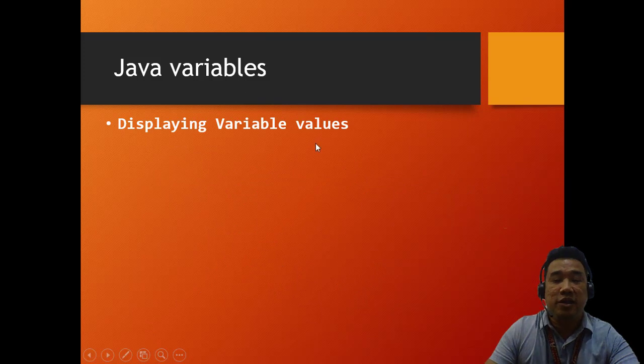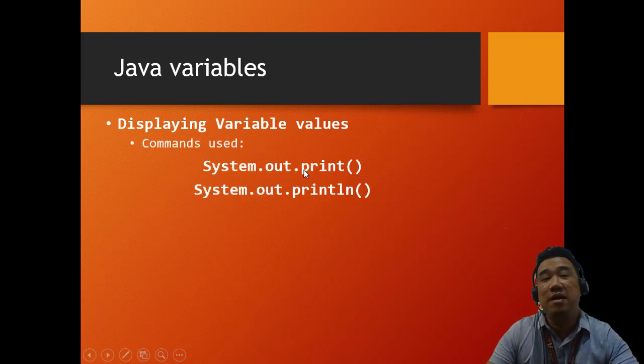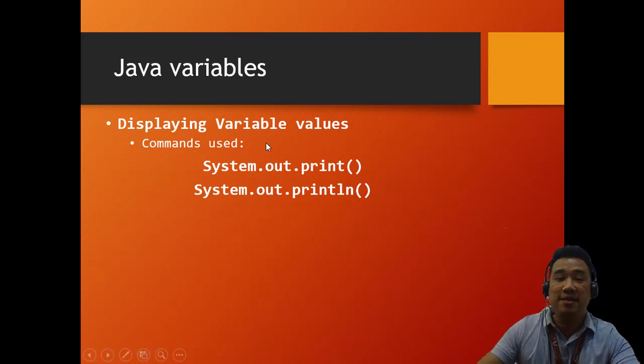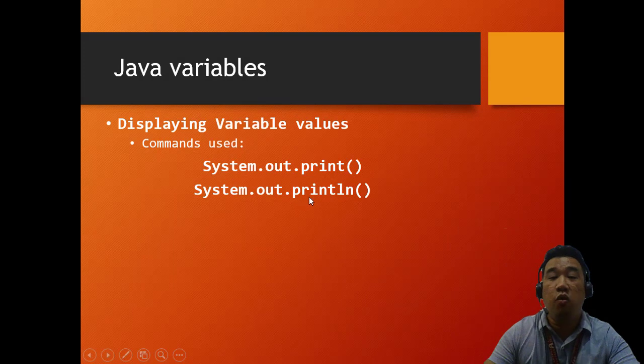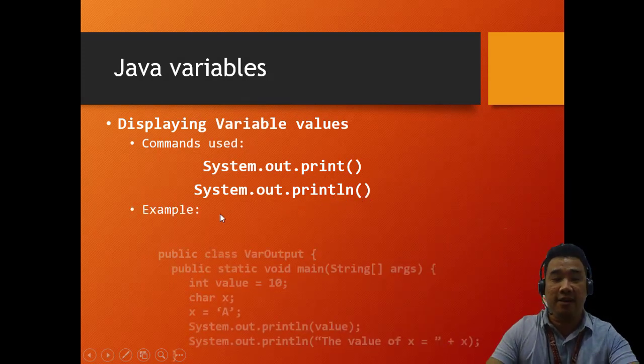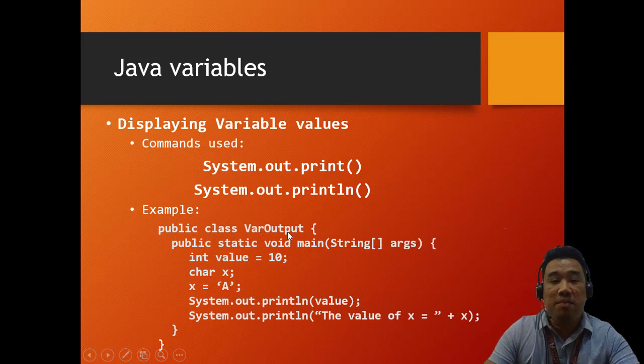So, displaying variables value. Paano ta mag-display value sa variables naton? Magamit ta guys sang commands na System.out.print or System.out.println. Print line na tawag naton da. So, example, we have public class VarOutput, and so on. We have a variable int na data type, value equals to 10.